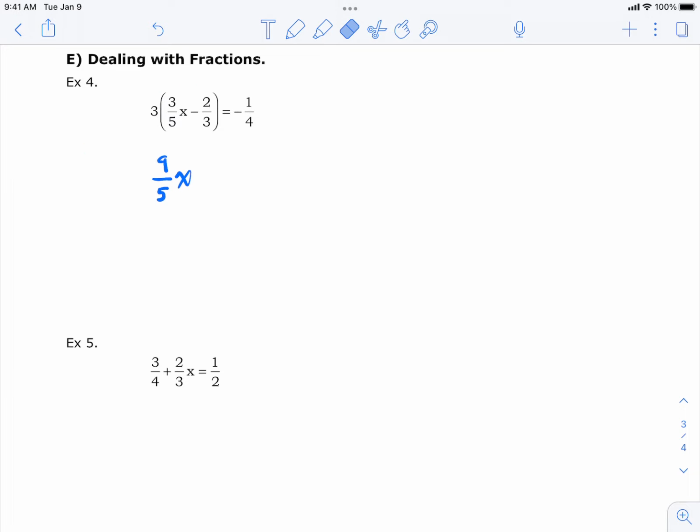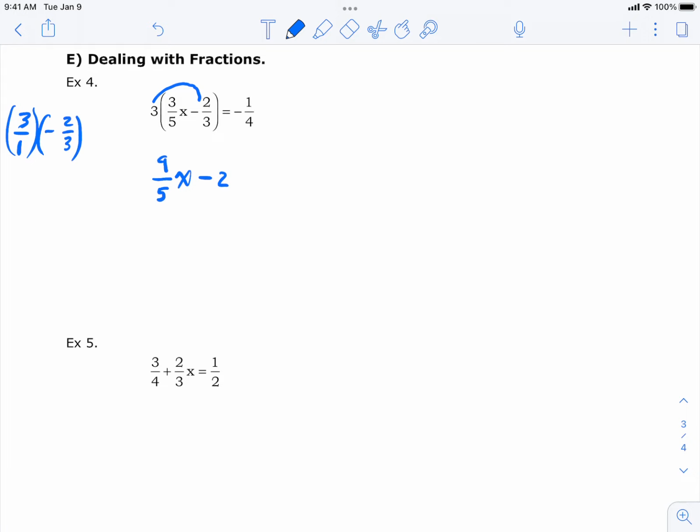Okay, let's get rid of that. It's bothering me. Now, we got to also do this, 3 times the negative 2/3. Now, after a while, you'll learn to see this. That's just a 2. Again, that 3 in front is like a 3 over 1, and it's multiplying the negative 2/3. And here's the thing.